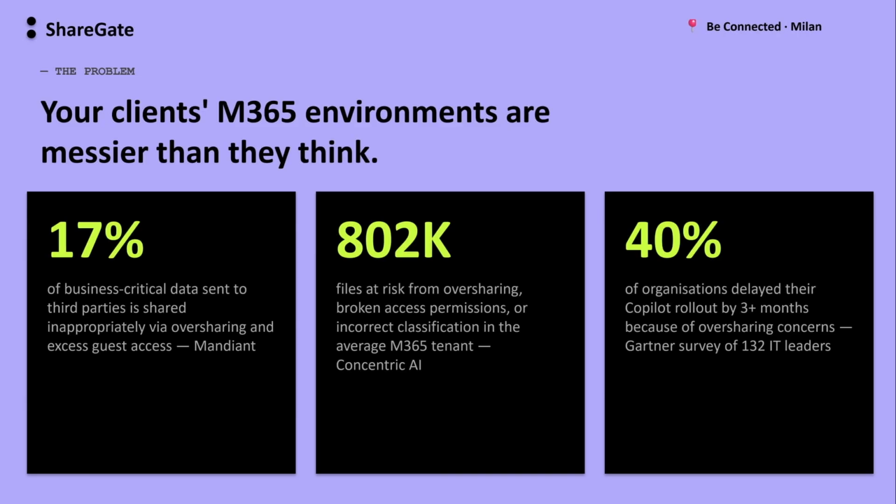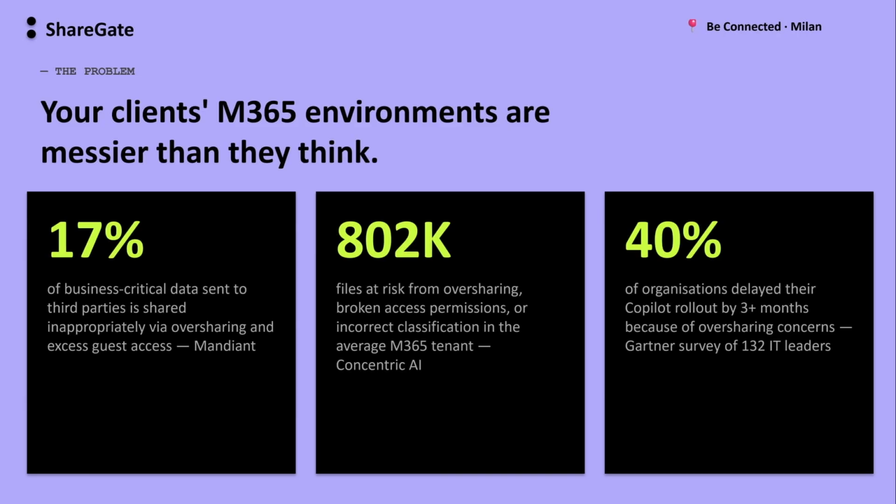Also, the recent adoption of AI tools like Copilot introduced some risk elements, because people are sharing documents with external users, with guests, with even internal users that they shouldn't potentially have access to. One of the statistics we pulled out is from a big Gartner survey: around 40% of organizations had to delay their Copilot rollout because they weren't aware of what content could be surfaced by those AI tools.